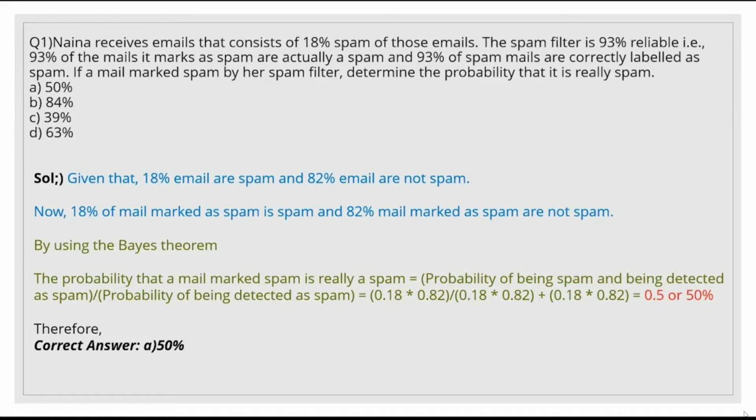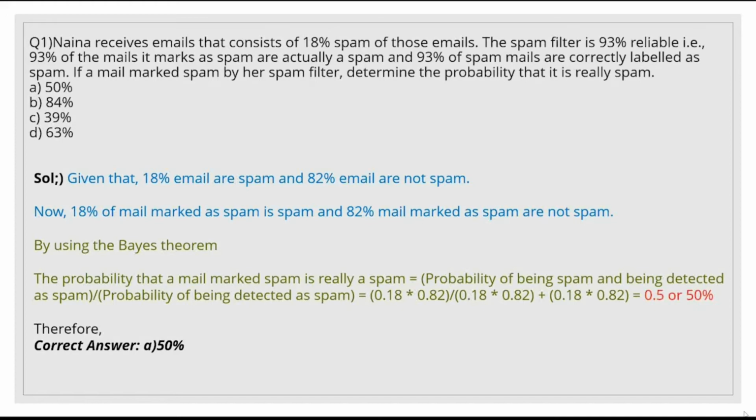Of those emails, the spam filter that Nana has is 93% reliable. This means that 93% of the mails which are marked as spam are actually spam. If the mail is marked as spam by her spam filter, we have to determine the probability that it is really a spam email.